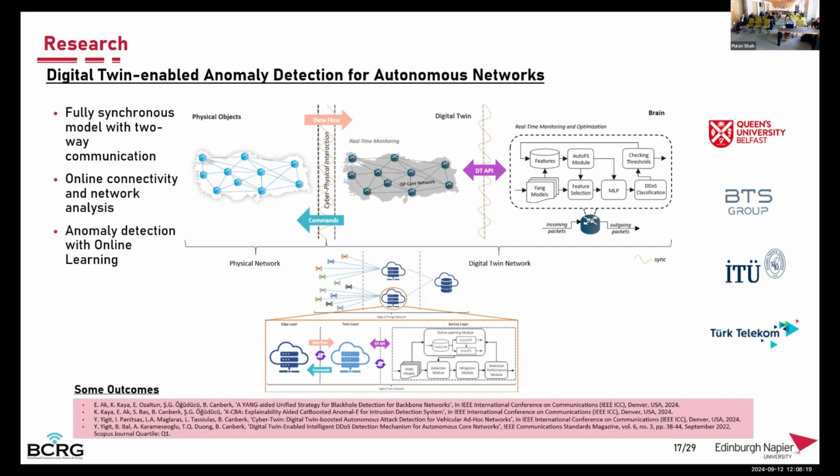What we did was try to understand the anomalies that may happen at each and every router, from each and every interface card that we can grab data from. So the main idea of this work was to have anomaly detection for autonomous networks.